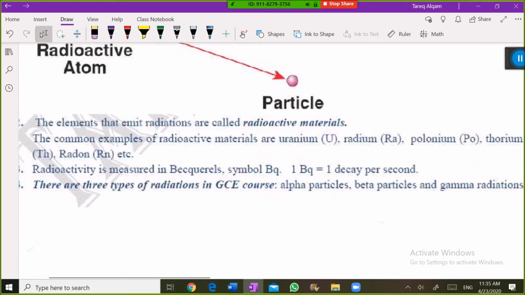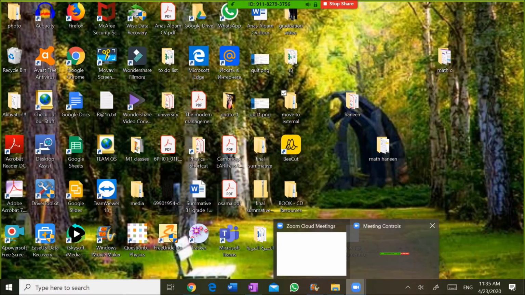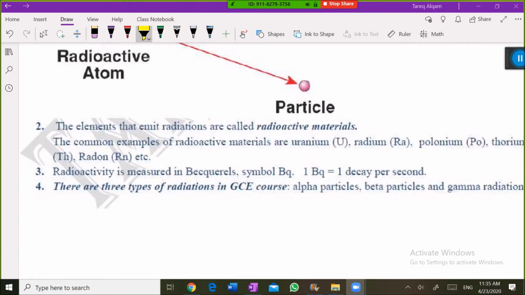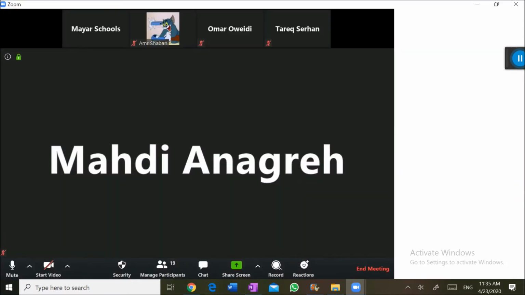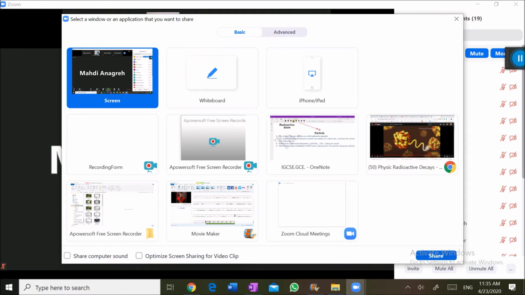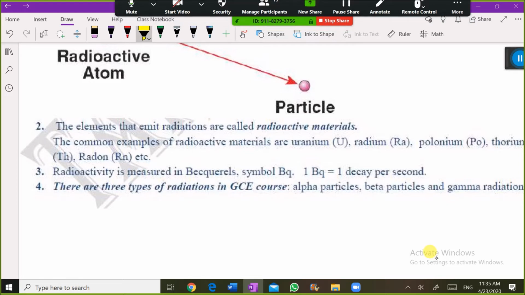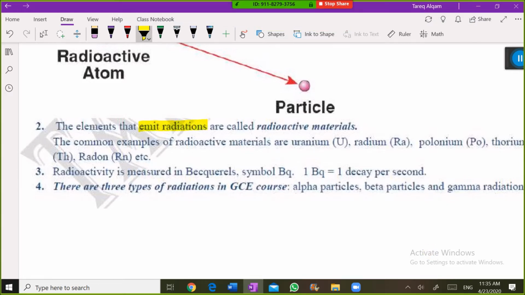Any element that emits radiation is called a radioactive material.